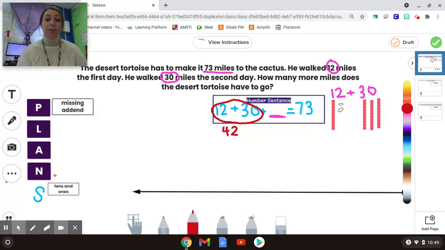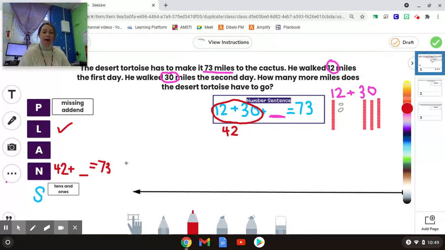Now my new number sentence could be 42 plus something gives me 73. Oh, and we did label, so I'll put a check there.